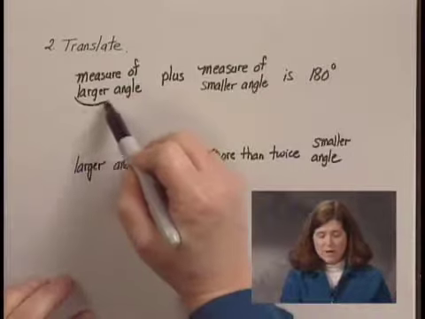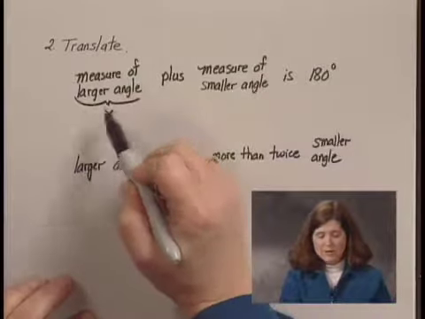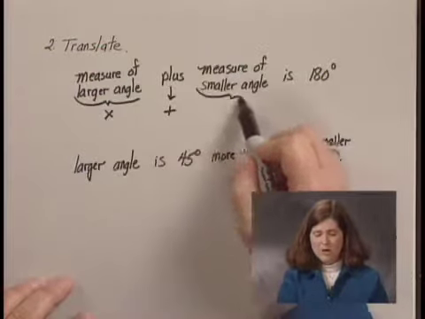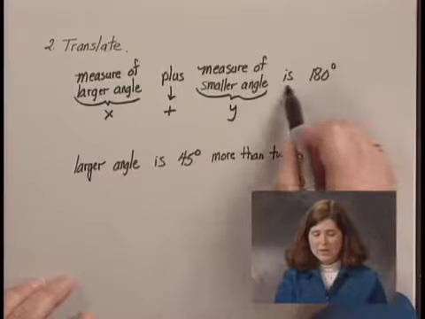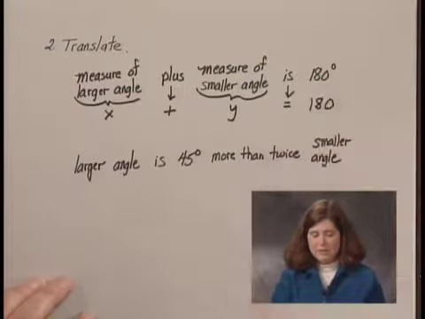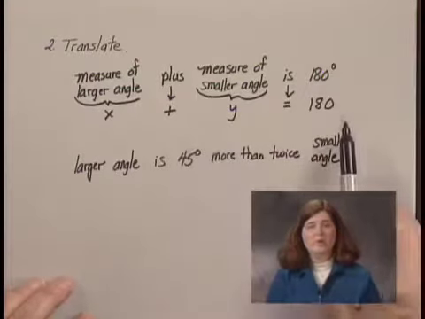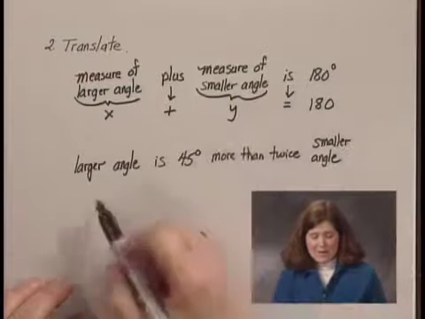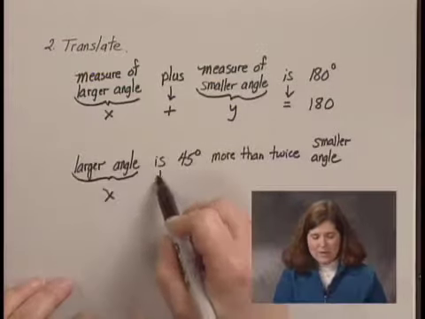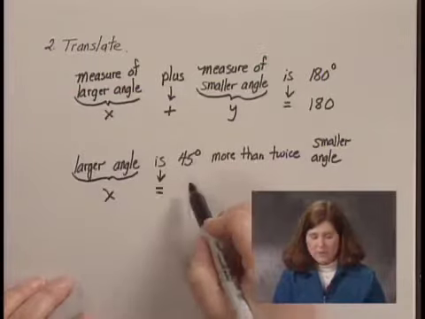The measure of the larger angle we called x, plus the measure of the smaller angle we called y, translates to equals, and I have 180. So I have one equation using x and y. The measure of the larger angle we called x translates to equals.